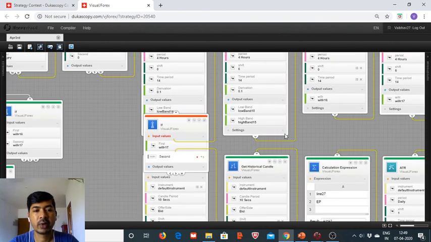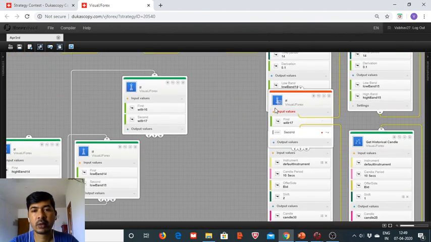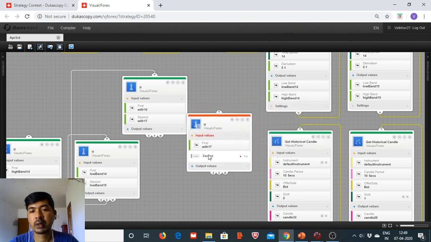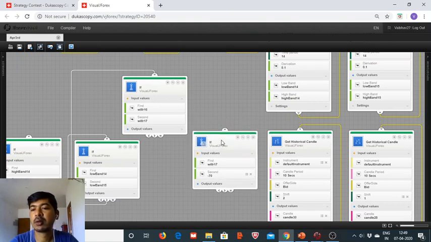Now we need to define it at minus 70, it should be greater than minus 70.